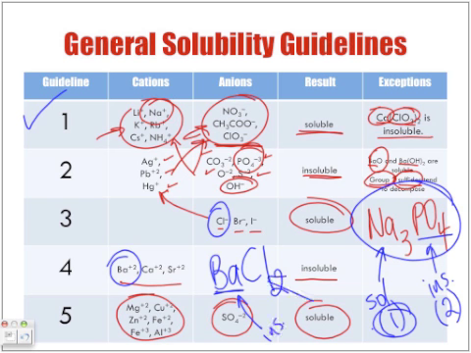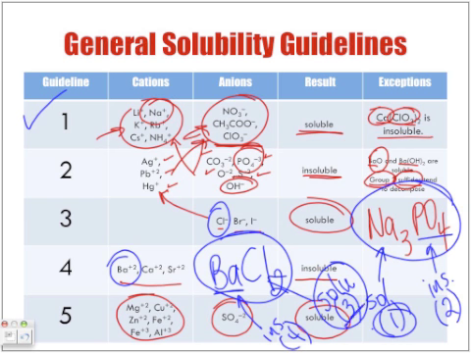Chlorine is considered soluble. But because barium is part of guideline 4 and chloride is part of guideline 3, the higher guideline surpasses the other. So, which means barium chloride is soluble in water. All right? So that's how we use the guidelines.